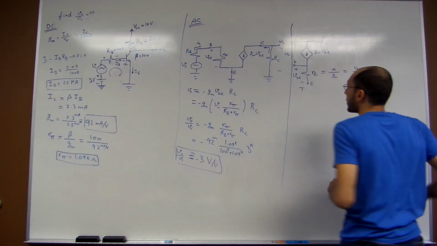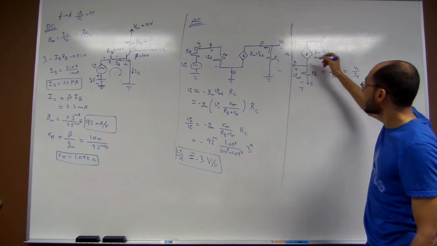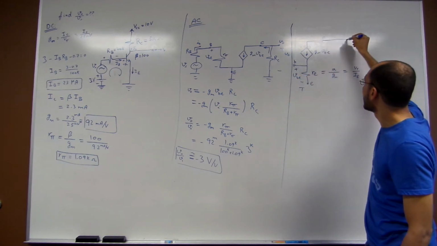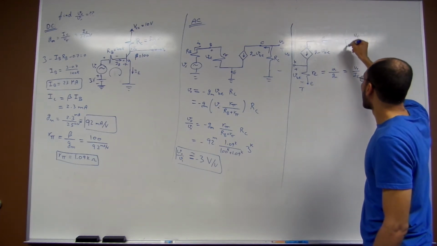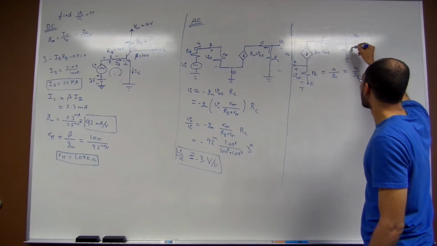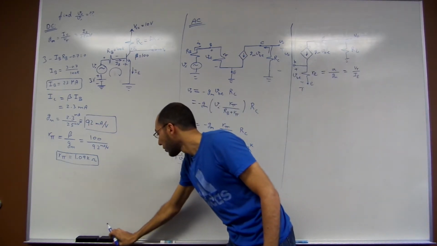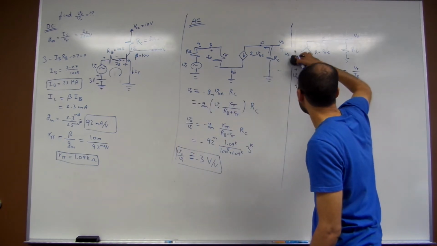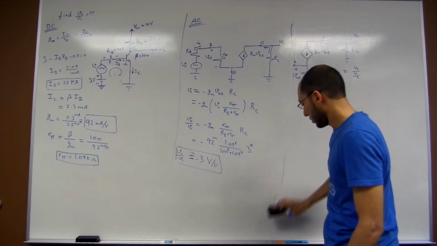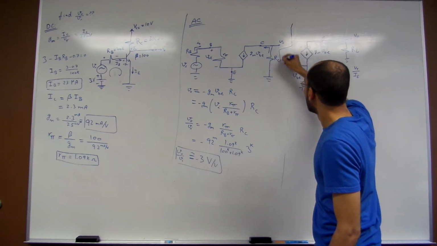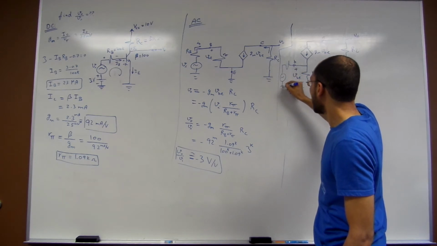Because if you want to really calculate the value of V output over V input, where is V output? V output is at the collector. Okay? That is the V output. Right? And you have a resistor here, which is called RC. Okay? And you have the value of RB here, and that is the input.